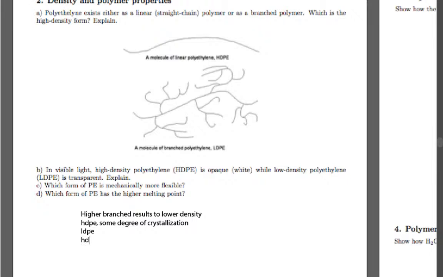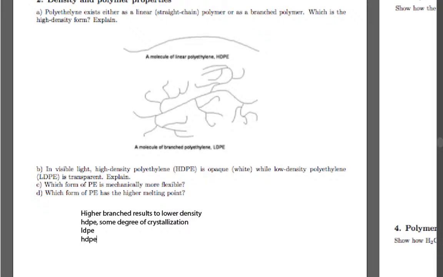I guess that's HDPE. But high density... oh wait, no, sorry, never mind. LDPE. Actually, for the branched one... I don't really know. So I literally need to review this again. I guess I need to just go ahead and teach myself.